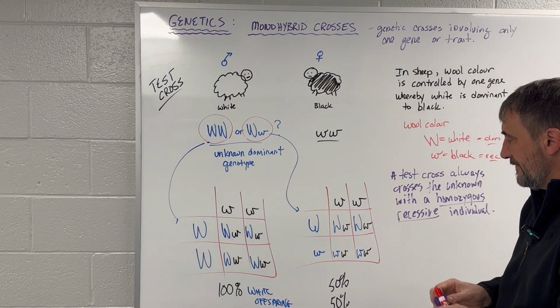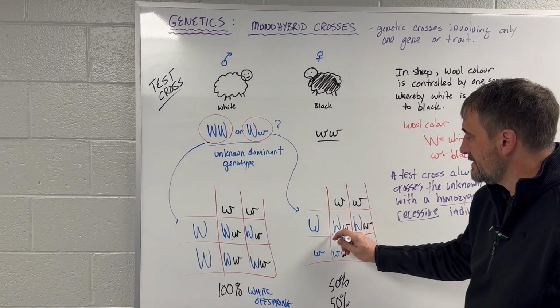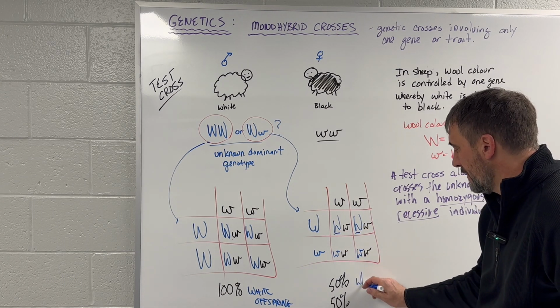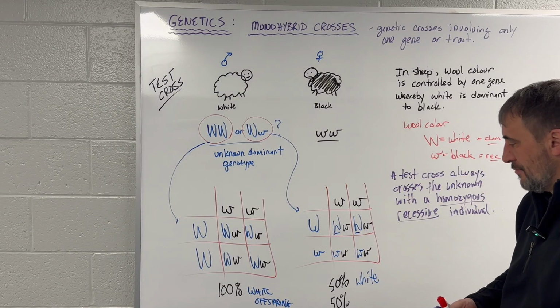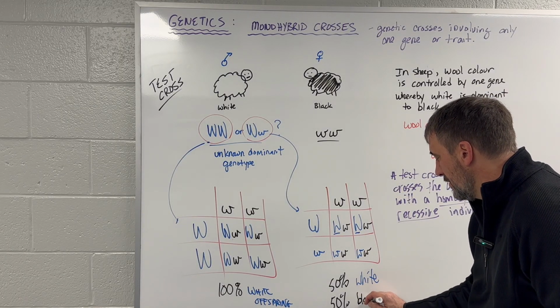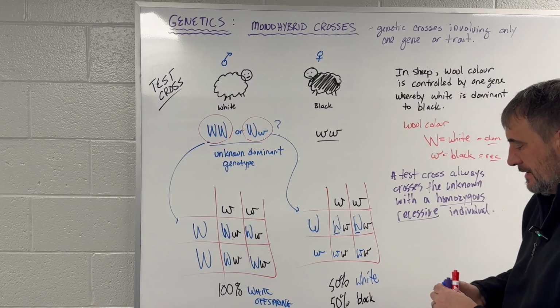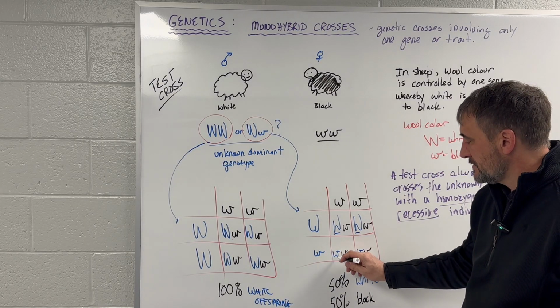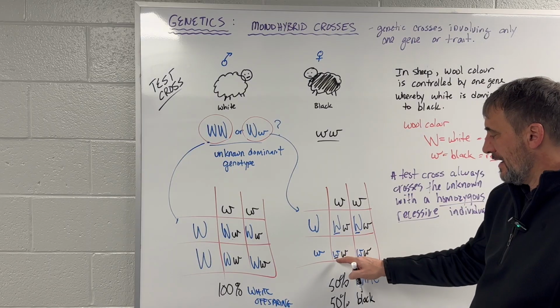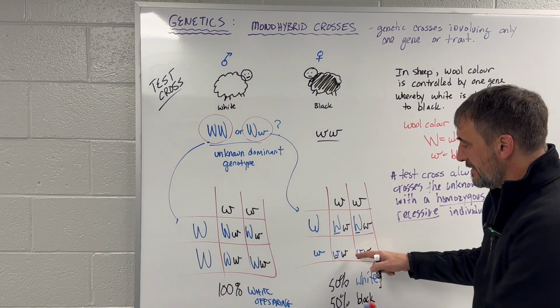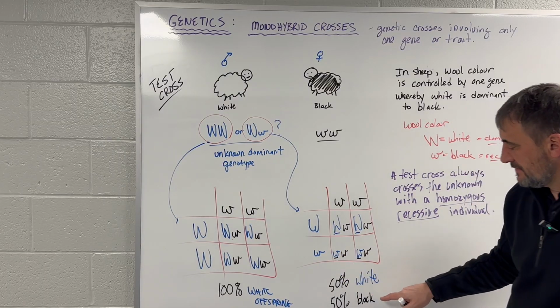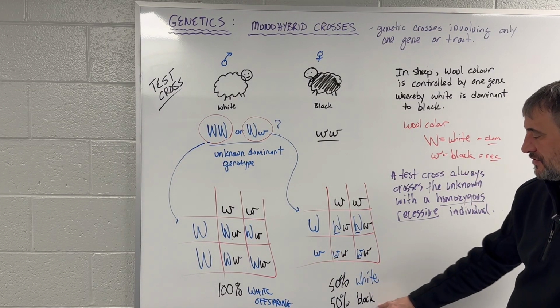We're going to get 50% white, because here's dad's big W, and 50% black, because dad is also donating a little w, and so therefore that black allele with mom's black allele is homozygous recessive, and the black condition can show up.